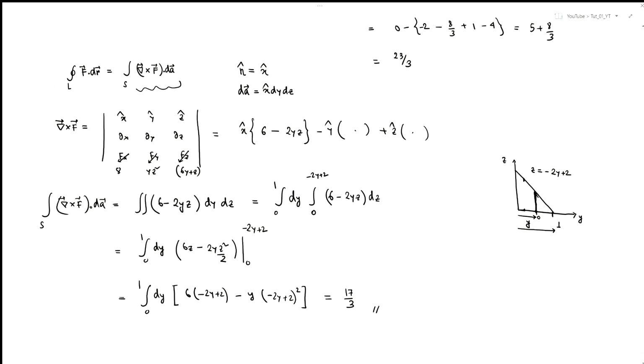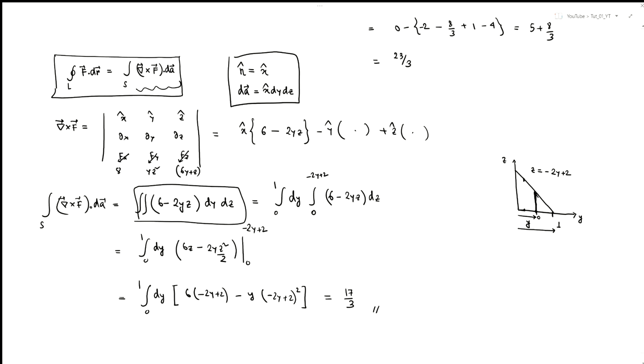So what you have to remember is, if you solve this problem, you will get a lot of information: how to find curl, how to write the n cap, how to write the area element, how to do this two-dimensional integral, and why we have to put the limit minus 2y plus 2, not something constant, like why we are not putting 0 to 2. This is very critical. And after this, once you convert it, it is simple.